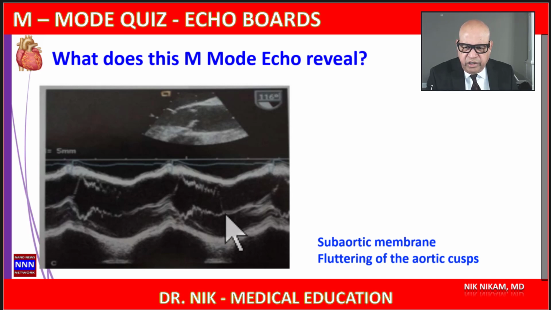So whenever you see something like this, you should keep in mind you may be dealing with a subaortic membrane or hypertrophic cardiomyopathy with dynamic left ventricular outflow tract obstruction.